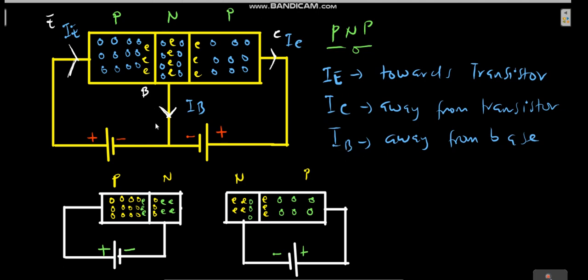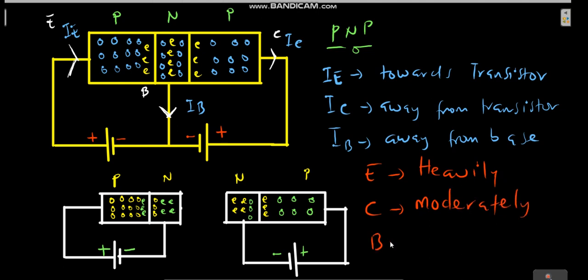Also, one thing you should know about transistors is that the emitter side is heavily doped, the collector side is moderately doped, and the base side is lightly doped. You should consider these factors.